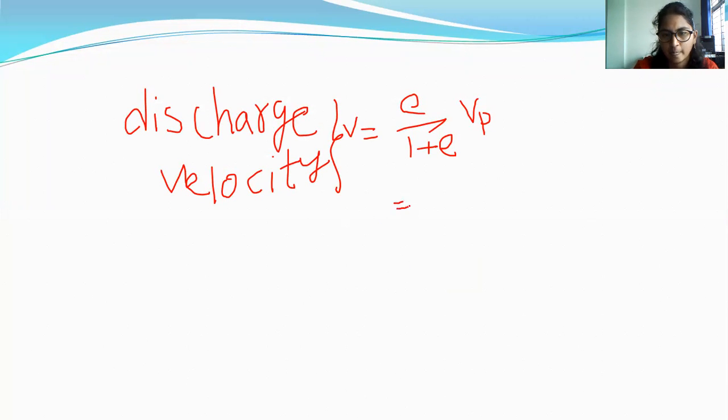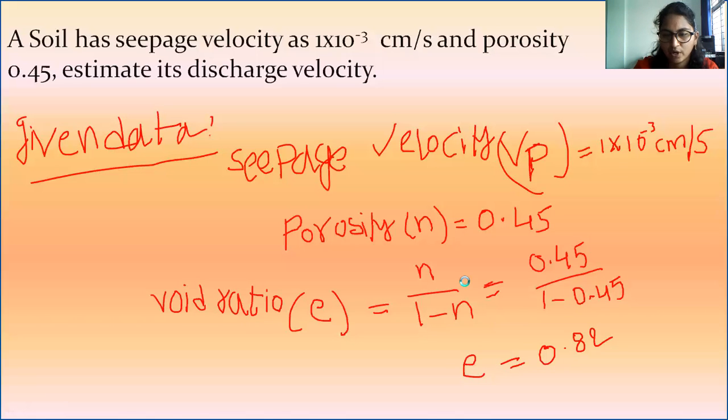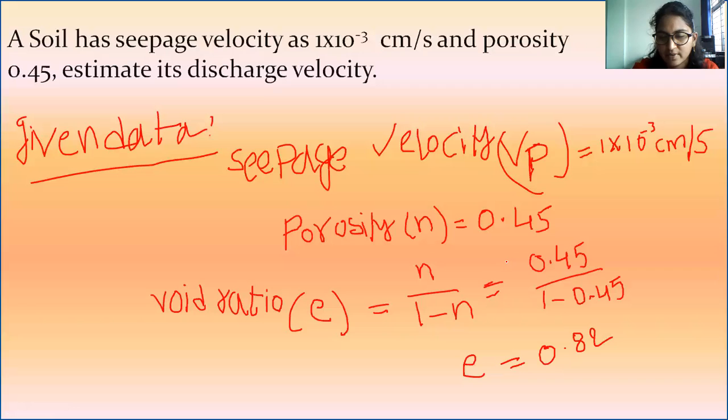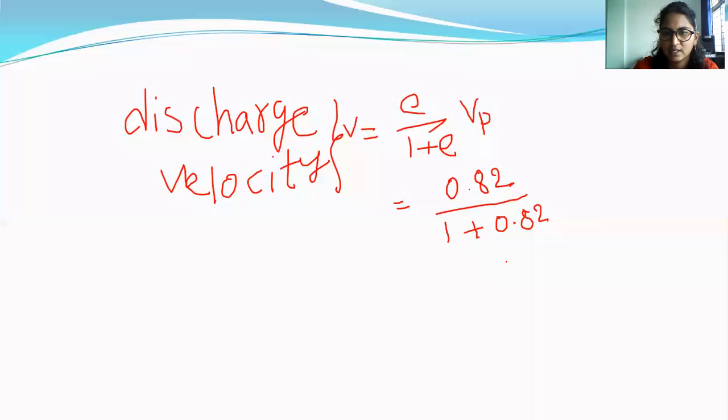So this void ratio value and seepage velocity value we can substitute in the main equation. Discharge velocity V is equal to void ratio 0.82 by 1 plus 0.82, into seepage velocity 1 into 10 to the power of minus 3. What is the value?